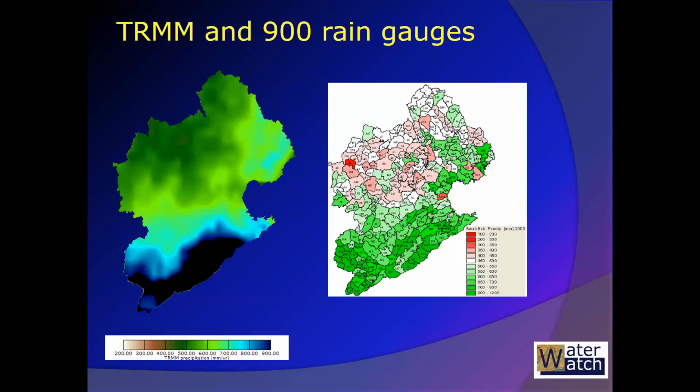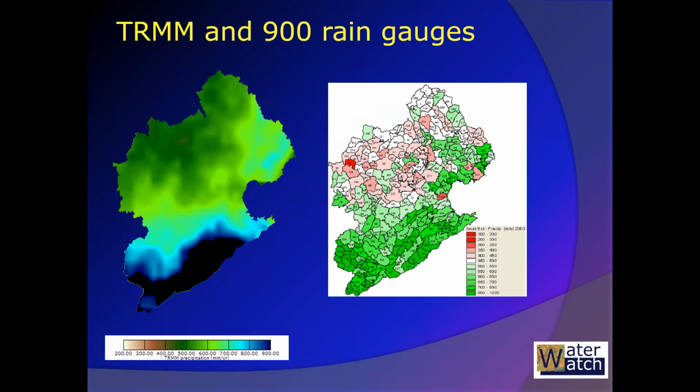These are just some examples of how we get our satellite rainfall. This is an example of a TRIM data set image for a basin in China. From this diagram, we can see that the satellite rainfall, which is the TRIM-based rainfall, has been mapped here.